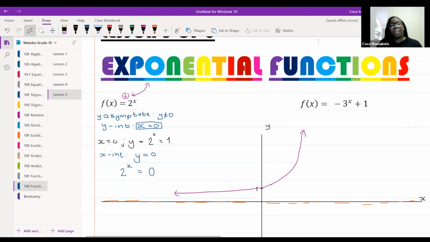There will be no number that I can put as a value of x that's going to give me 0. Every number that I put in there is going to give me anything but 0. So what this means is that at y is equal to 0, I don't have a graph.